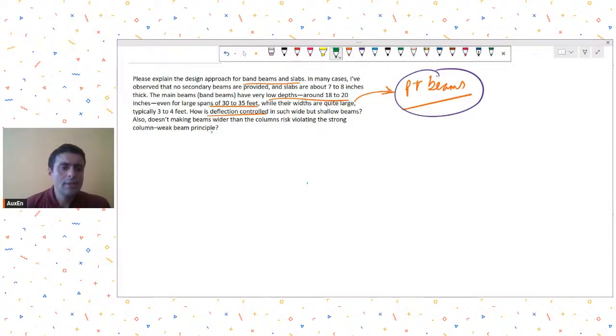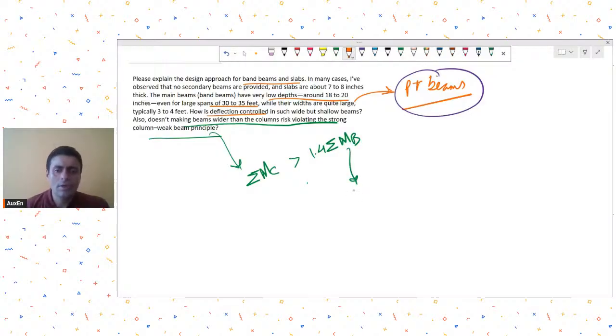That is my opinion. Doesn't making beams wider than the columns risk violating the strong column weak beam principles? No, why should it? In fact, it will help you satisfy the strong column weak beam, because typically what do we want? That the summation of column moment capacity should be greater than 1.4 times the moment capacity of beams, and the moment capacity of a beam is proportional to BD square.